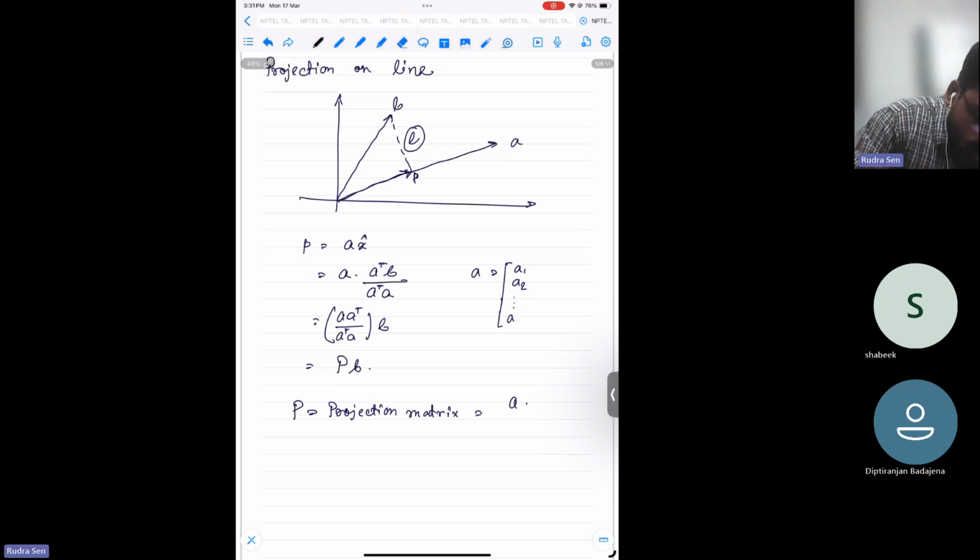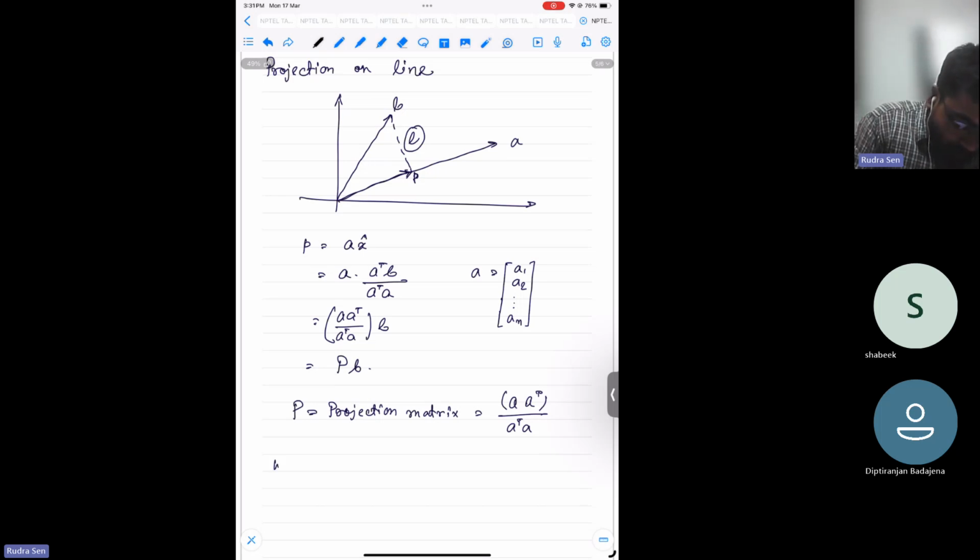We don't know how many elements there are, so let's say it is in R^n. So A is something like that, and we have A transpose divided by A transpose A. The denominator A transpose A is basically a scalar, right? So this is basically a matrix. The numerator A transpose is basically a matrix.